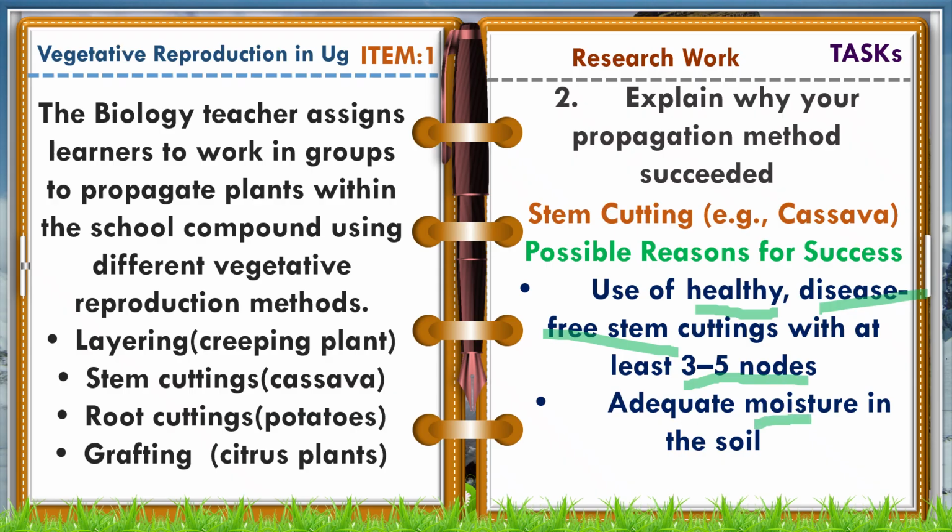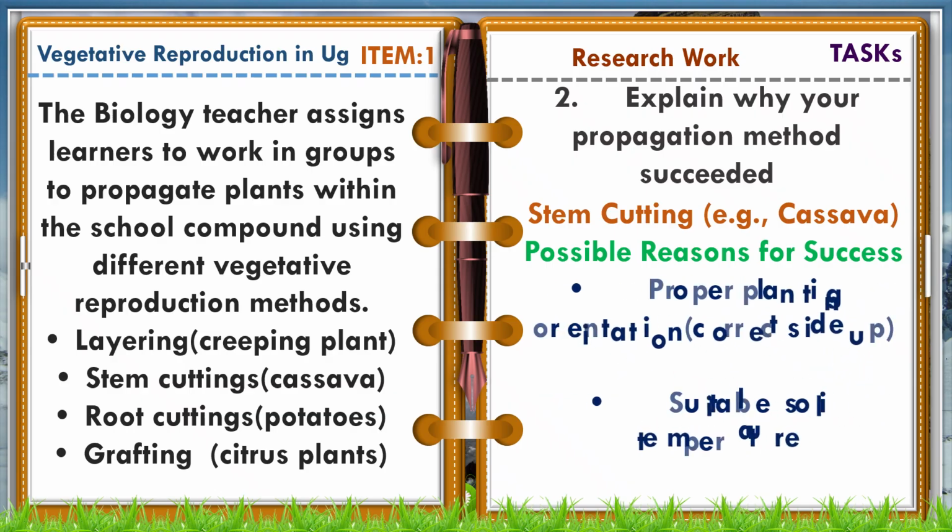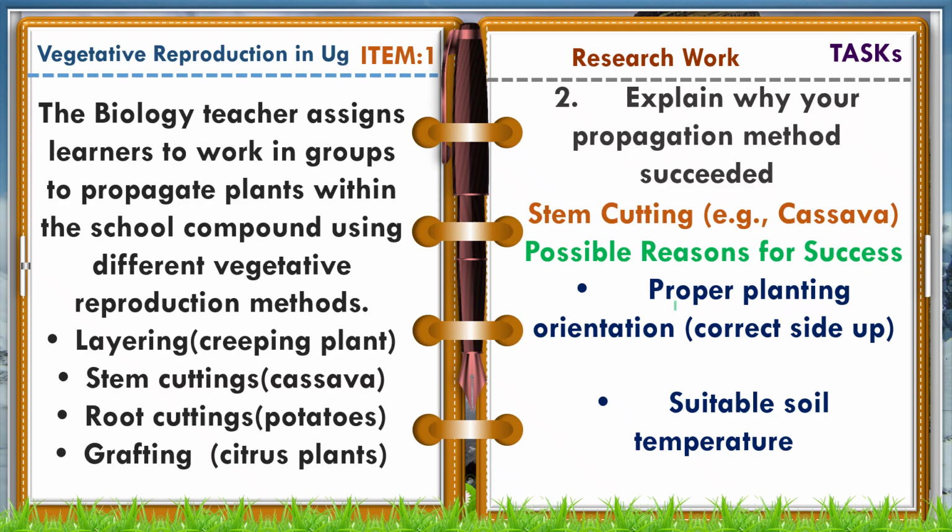There was adequate moisture in the soil. We had proper planting orientation, that one, the correct side up, and we had suitable soil temperature.